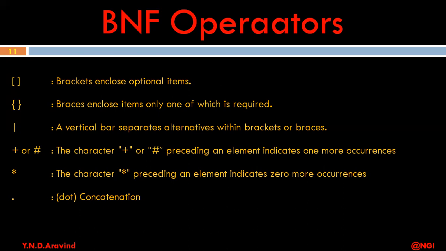And plus or hash: the character plus or hash preceding any element indicates one or more occurrences. The character asterisk preceding an element indicates 0 or more occurrences. And a dot we will be using for concatenation.